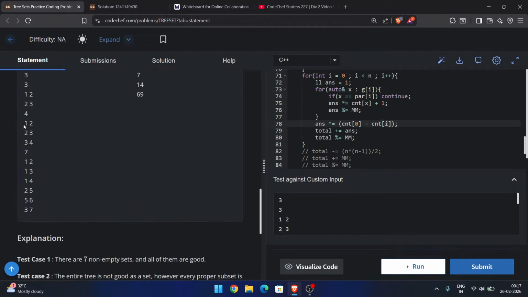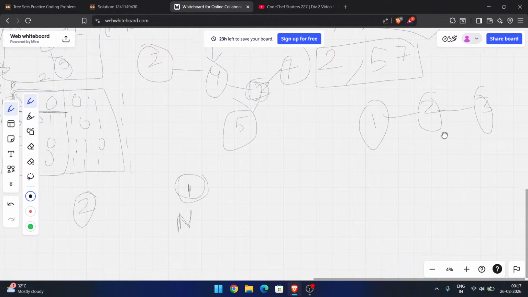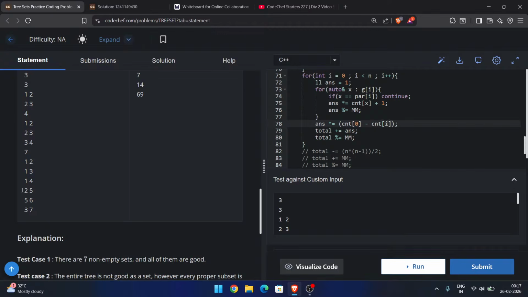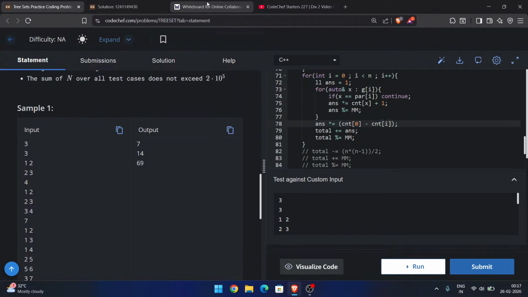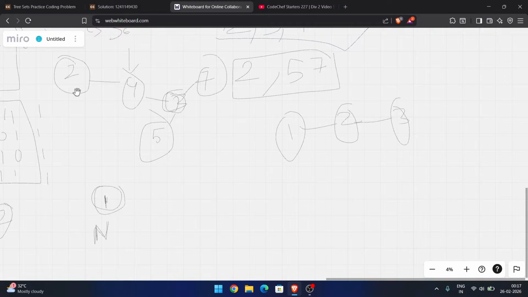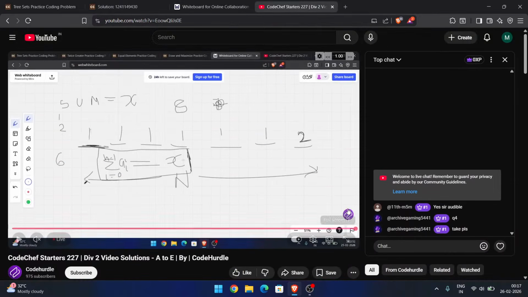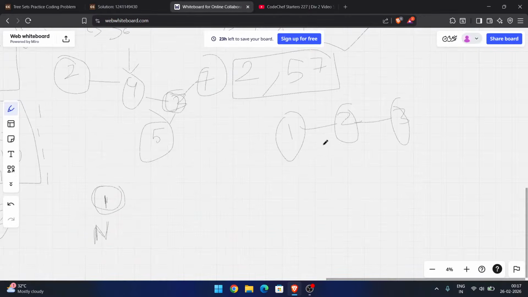If I take the question from the first problem, 1 is connected to 2 and 2 is connected to 3. So how many subsets can it form?